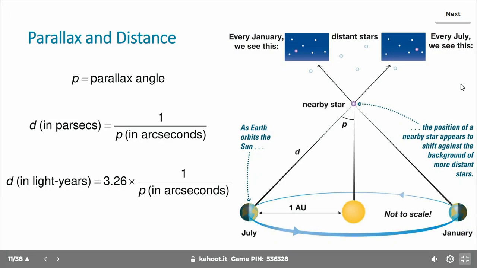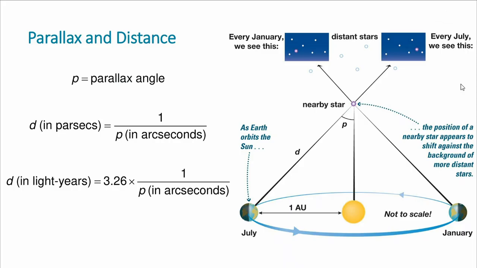So you take a bunch of data, you look for stars that appear to move because of Earth's motion around the sun. You measure that angle in arc seconds. So remember, an arc second is 1/60th of an arc minute, which is itself 1/60th of a degree. So this is a pretty small angle.